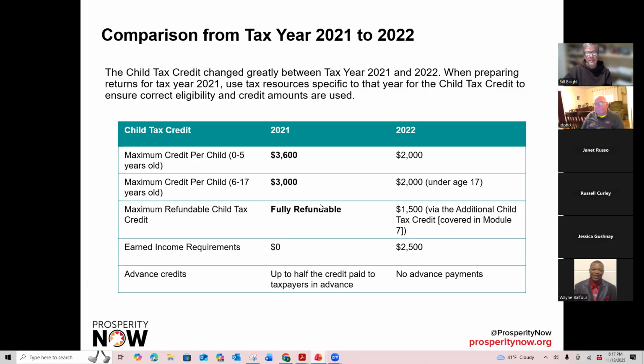That's key. So if someone had a qualifying child in 2021, they were getting at least $3,000 even if they didn't earn a dime, which a lot of people weren't because they weren't working. Again, that all went away by 2022, and it's still that way now.